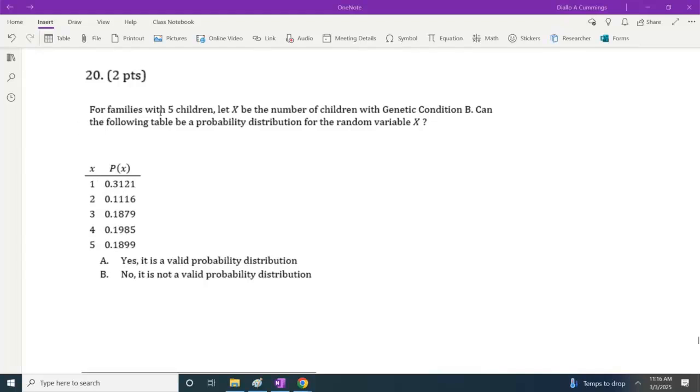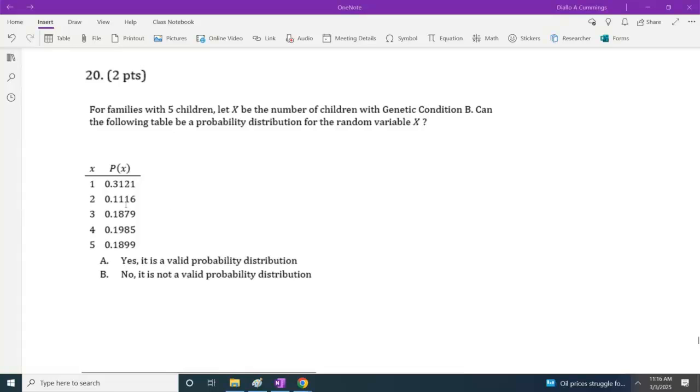This says for families with 5 children, let X be the number of children with genetic condition B. If I look at this table, the very first row says that one child in the family has a 31.21% chance of the genetic condition B.